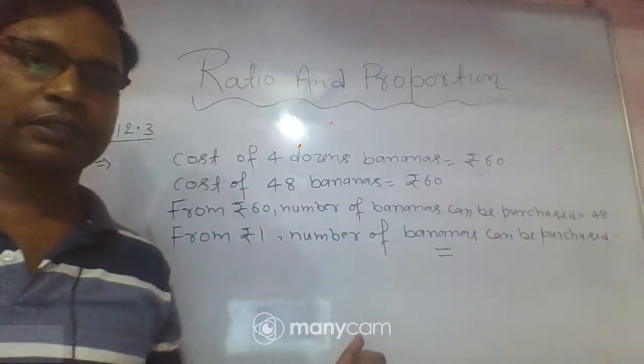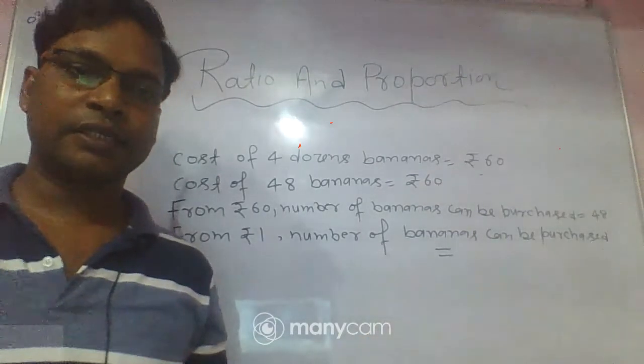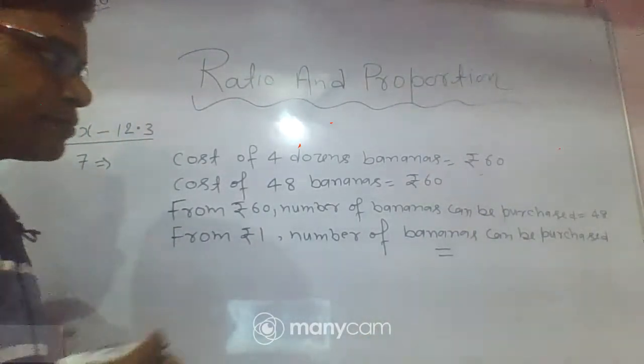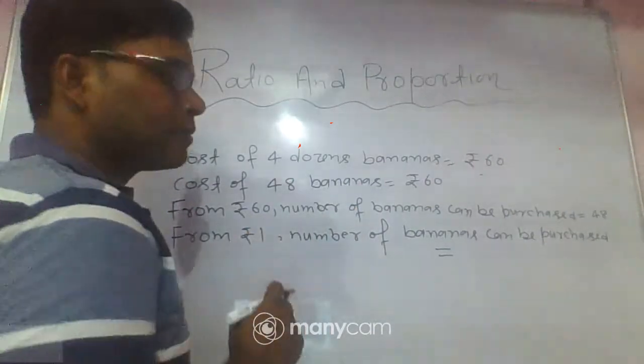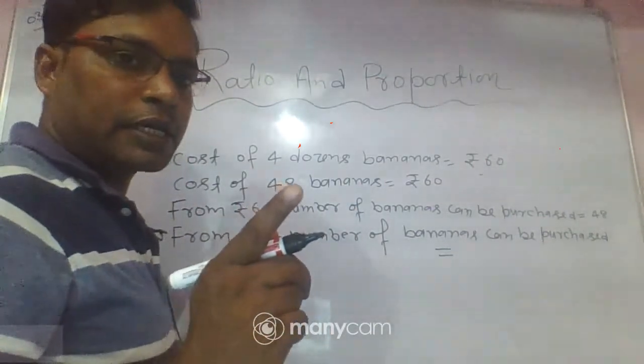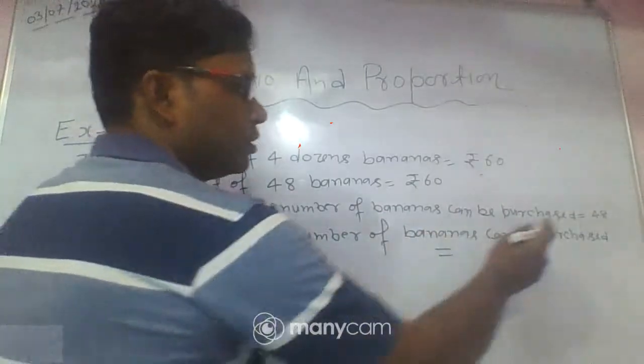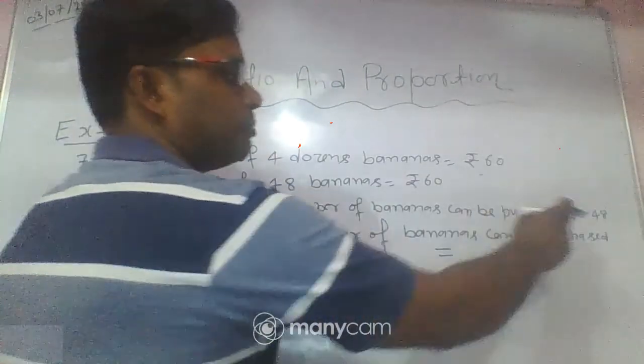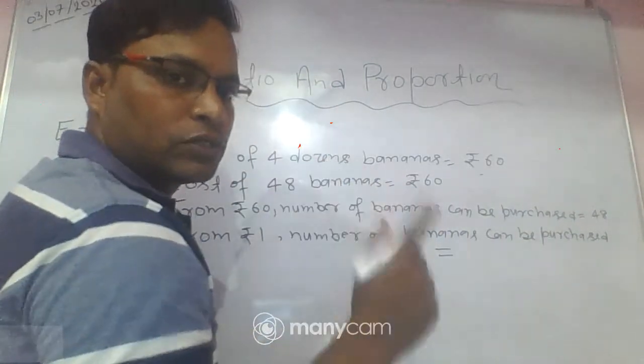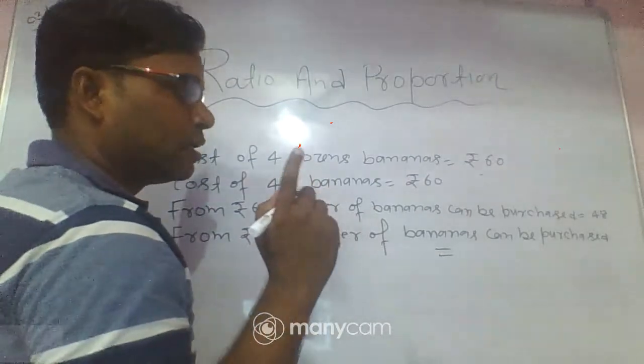How many bananas can we purchase in 1 rupee? Tell me. 48 by 60. Okay.